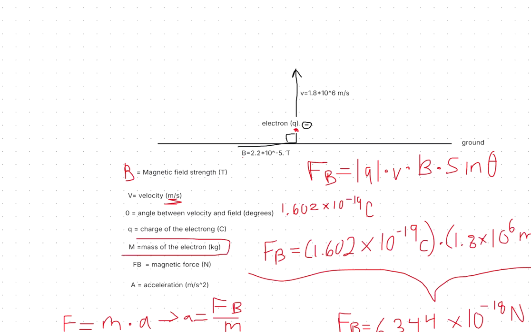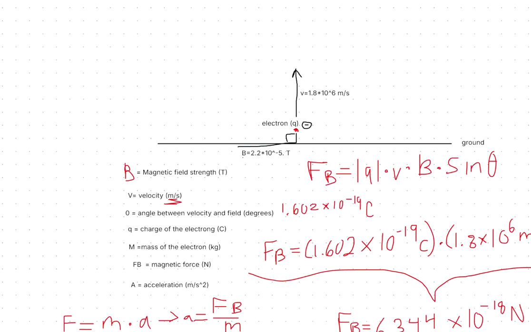F of B is the magnetic force, which is like the actual push the electron feels, which is measured in newtons. And then finally, A is the acceleration, which is like how fast the electron's speed is changing. And that is measured in meters per second squared.